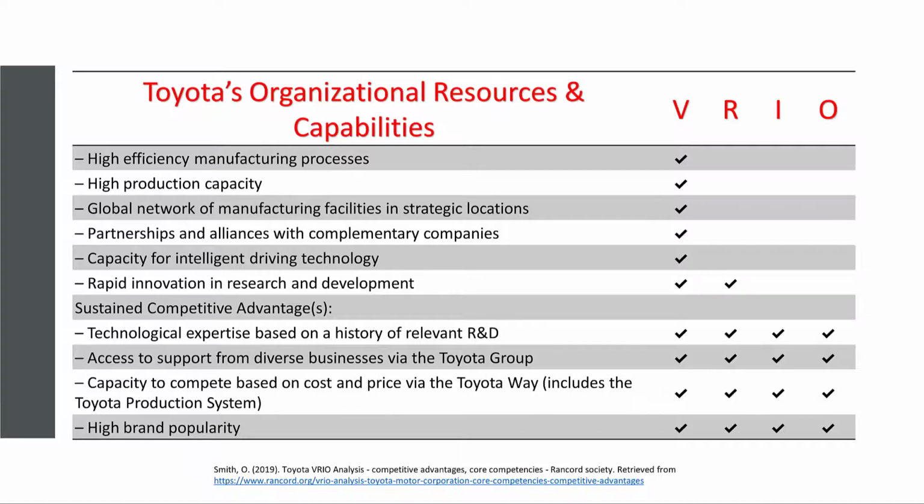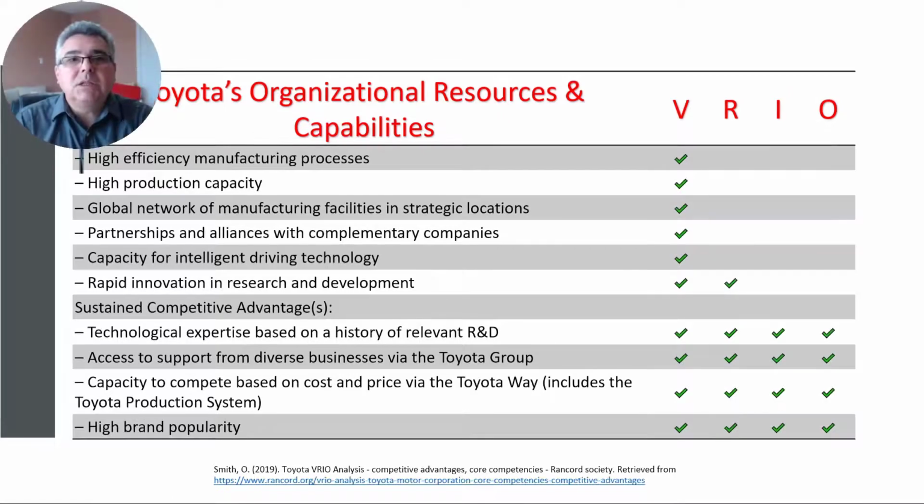If you do that, you can see resources that really give a sustainable competitive advantage for the company. If you have resources and capabilities that match the four characteristics of the VRIO analysis, probably those are the resources that will give the competitive edge for that company.